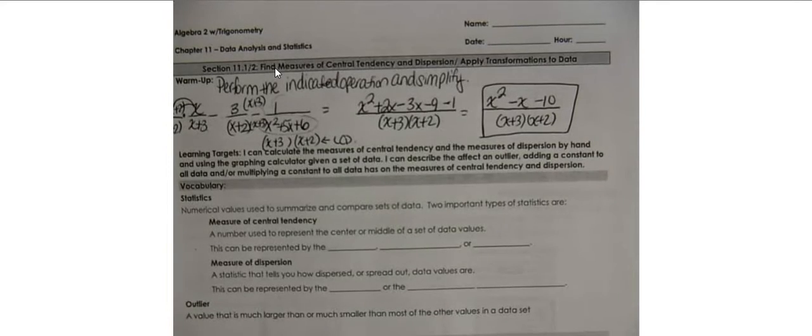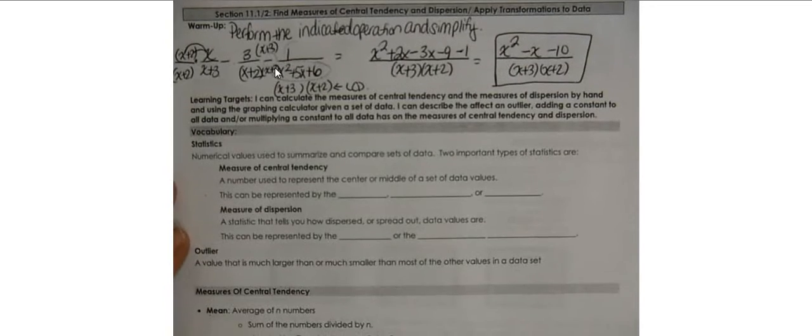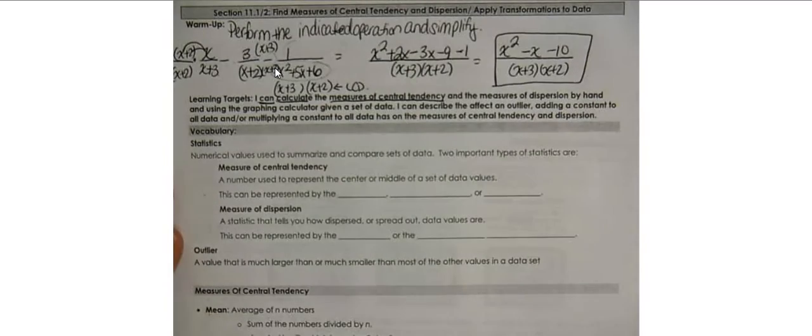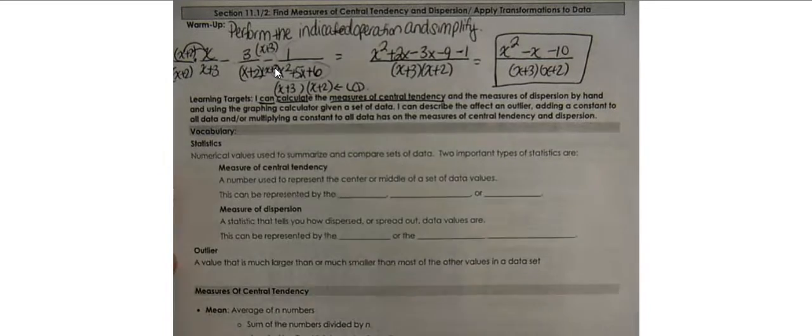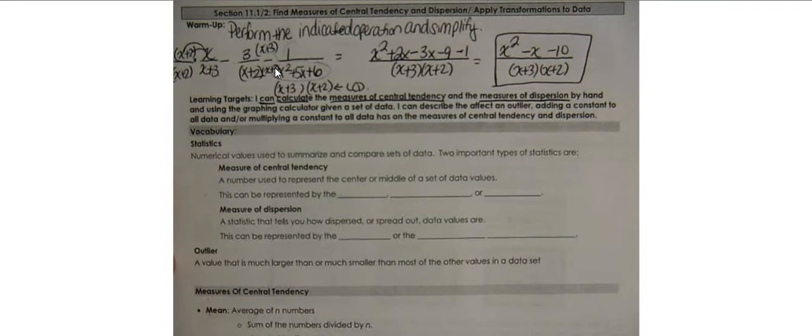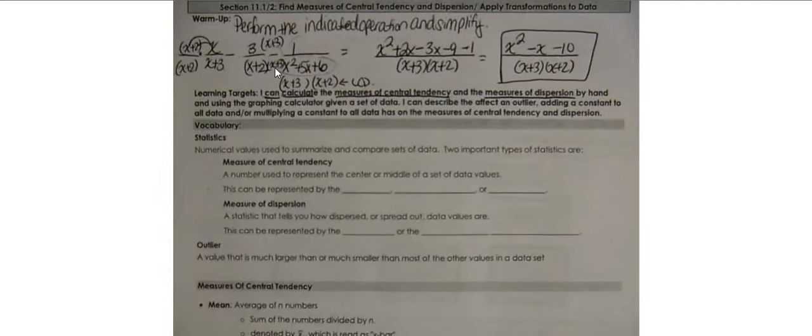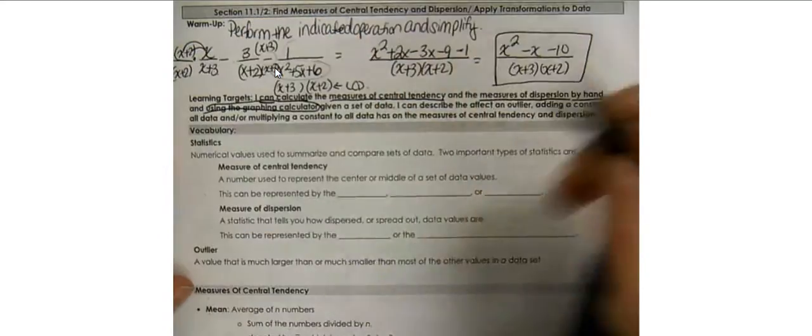For today's lesson, I want you to be able to say, I can calculate the measures of central tendency, which you're going to find out are mean, median, and mode, and then I want you to also identify the measures of dispersion, which are range and standard deviation, by hand and using a graphing calculator given a set of data values.